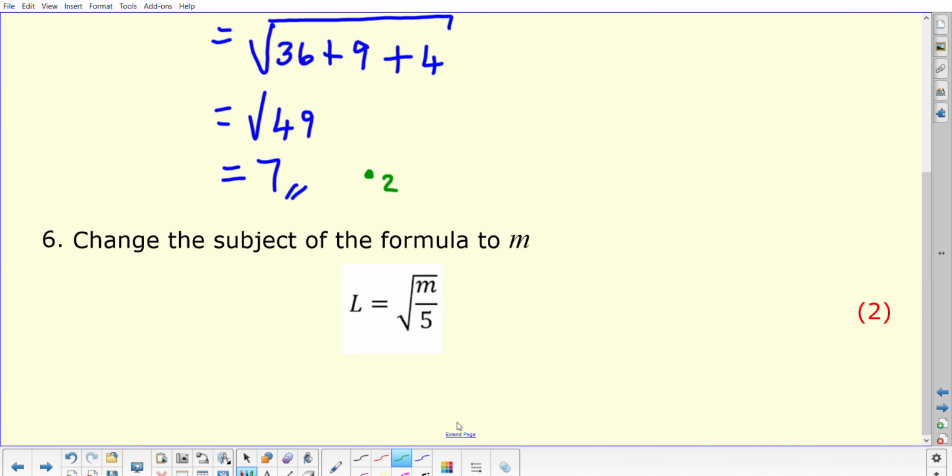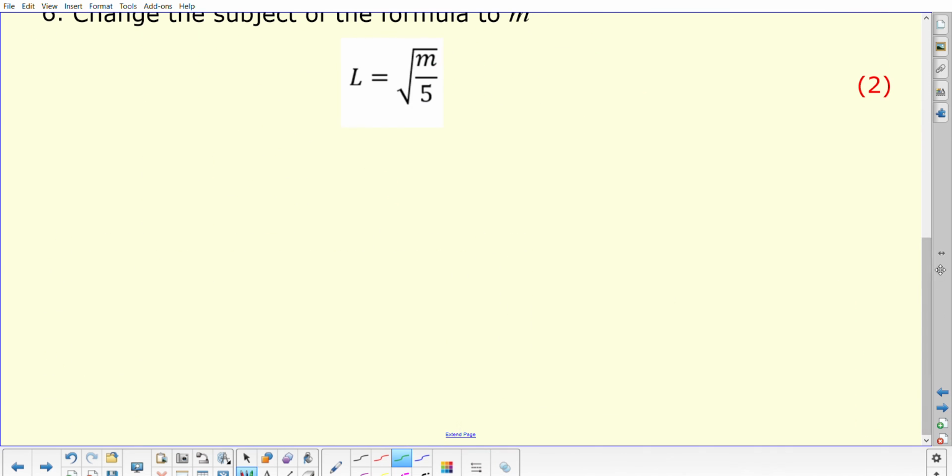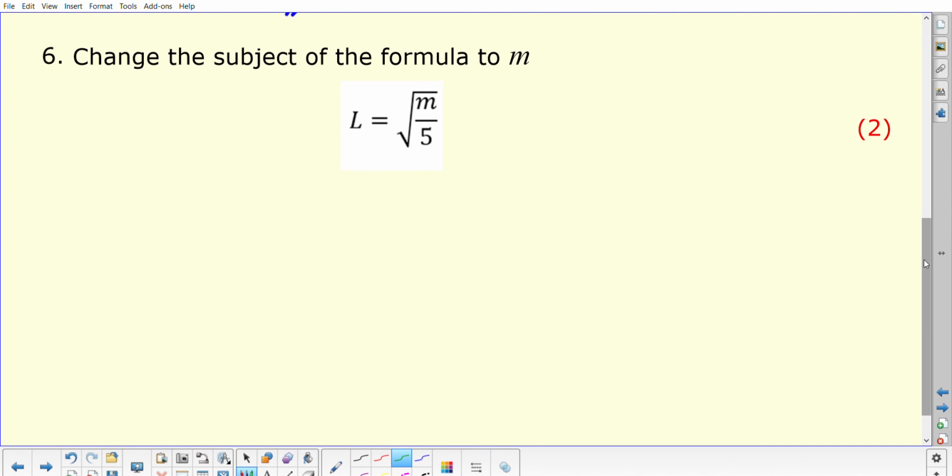This last question is a change the subject, and you're trying to get to m equals. So first of all, we can see we've got a square root involved in this.